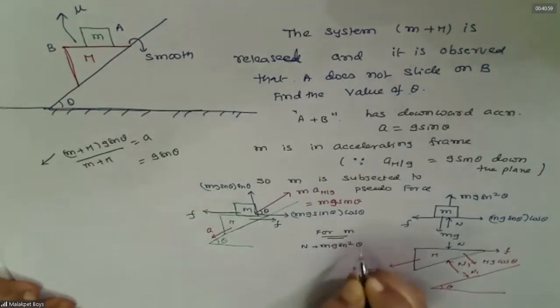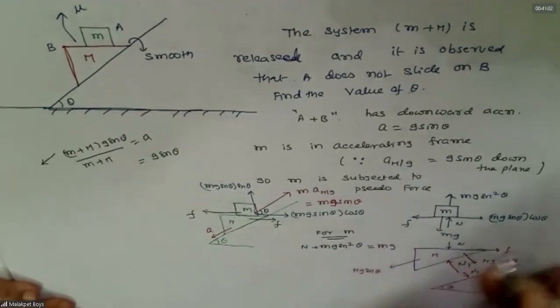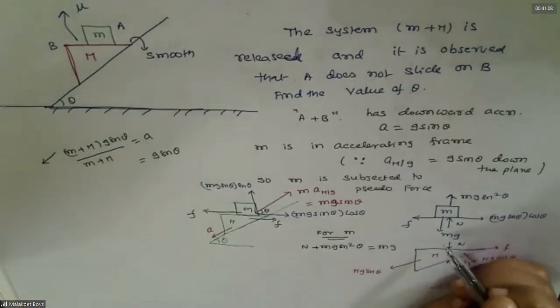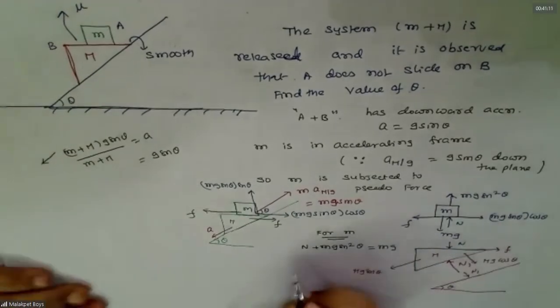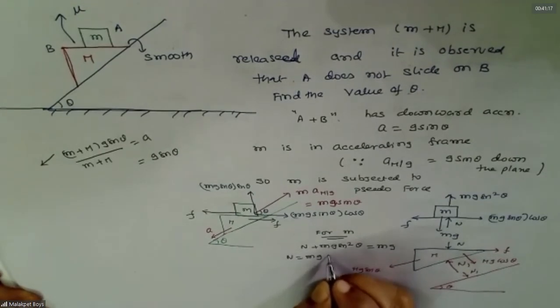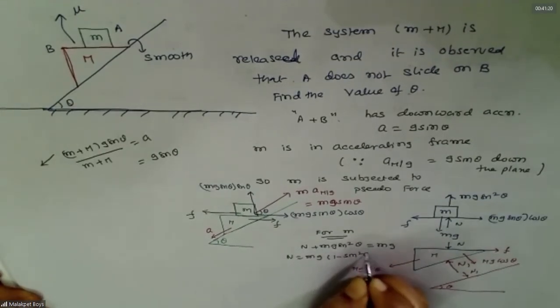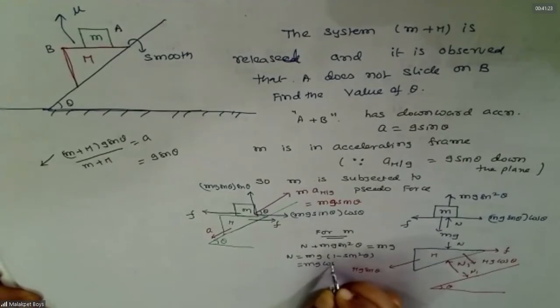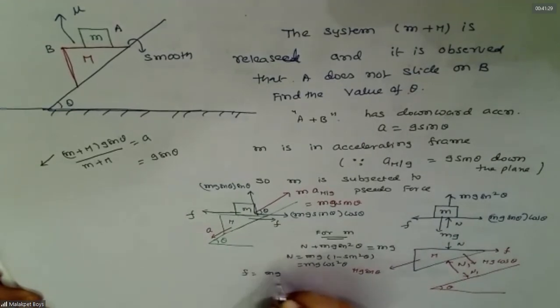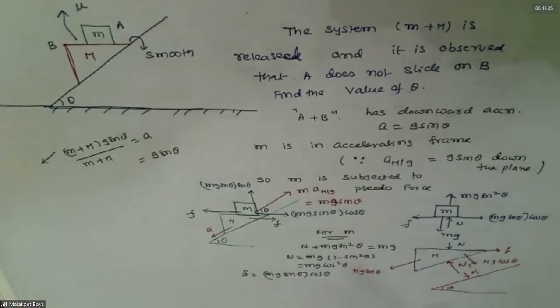Normal force is equal to the total. Now again you have friction, because there is no motion now. M does not slide now. Agreed. Any doubt? No doubt, sir.